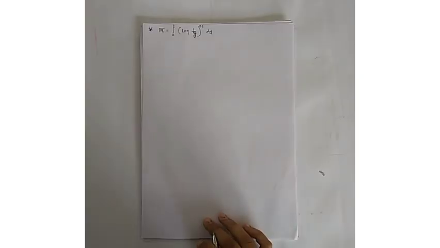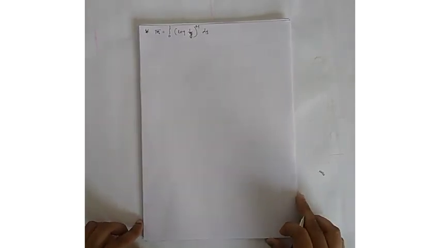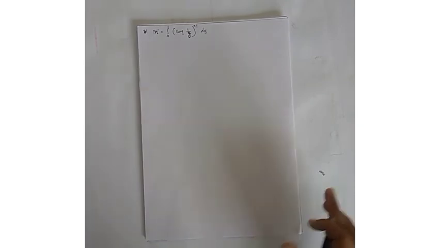Next form is gamma n is equal to integration with limit 0 to 1 into log 1 upon y whole to the power n minus 1 into dy. So here also we are using the definition of gamma function.